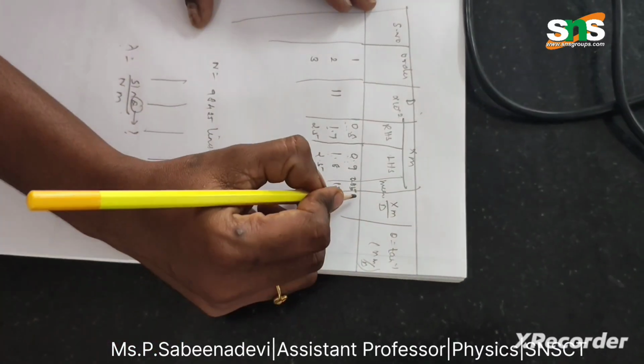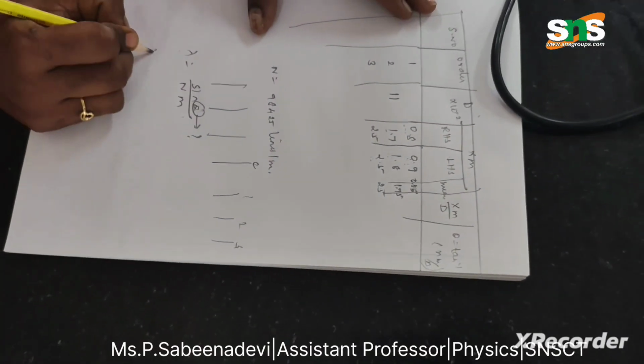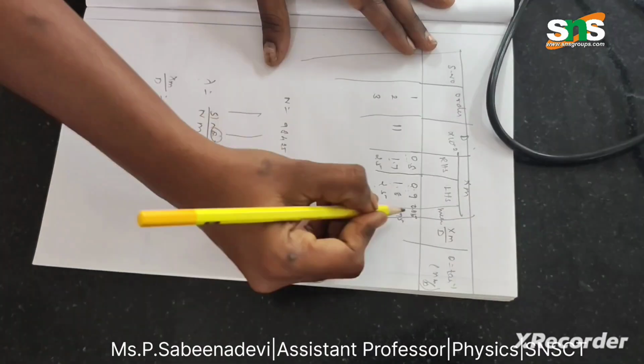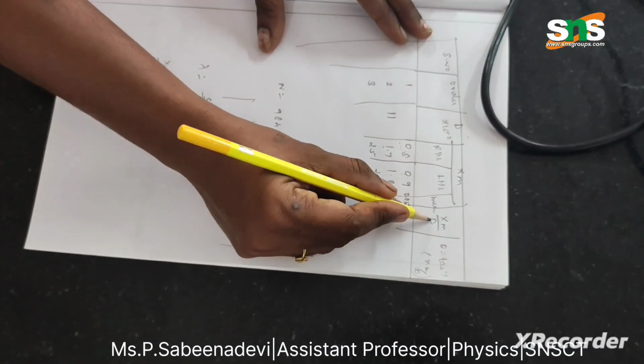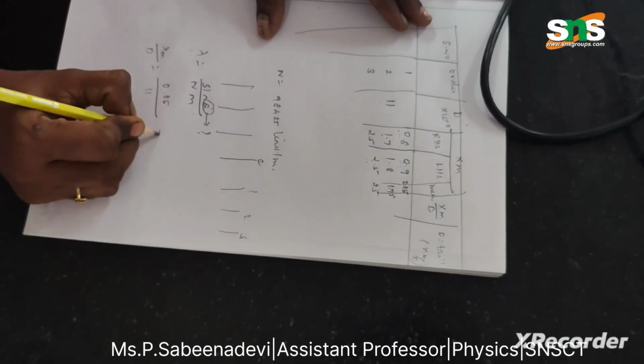Now calculate XM by D. XM is 0.85 divided by D, where D is 11 centimeter.